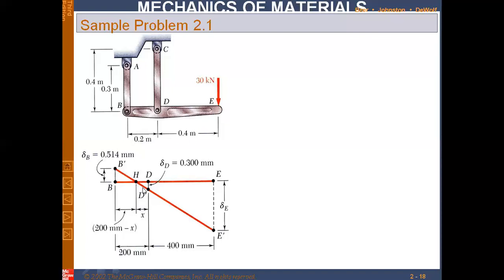Now actually we don't know this point H. The point H is actually the intersection of these two lines.